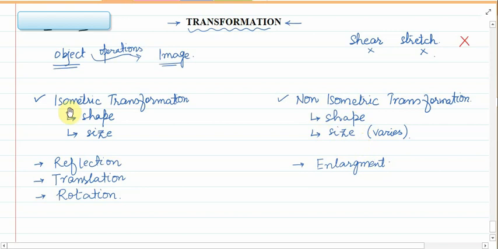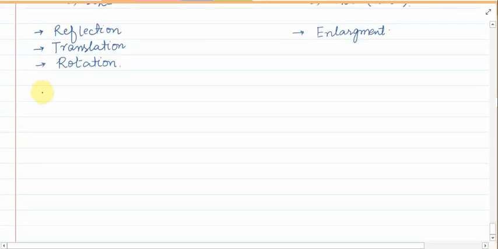So first we are going to start with the isometric transformation to give you the basic idea of the topic transformation. And in the isometric transformation, we are going to start with reflection. So let's begin with reflection. Now, as you can perceive from the word reflection, it must be identical in two ways.